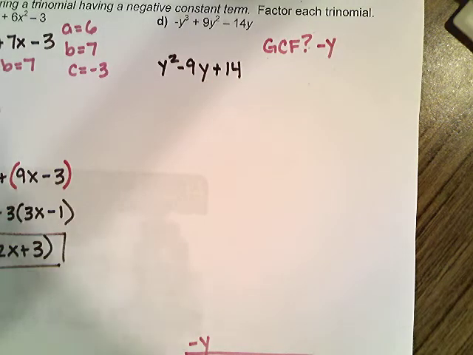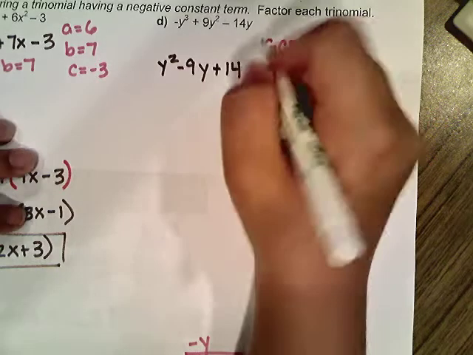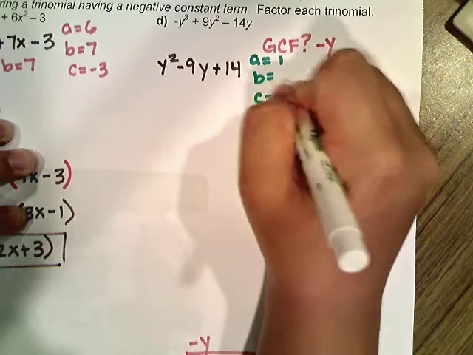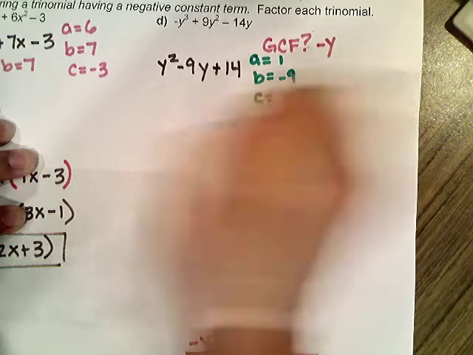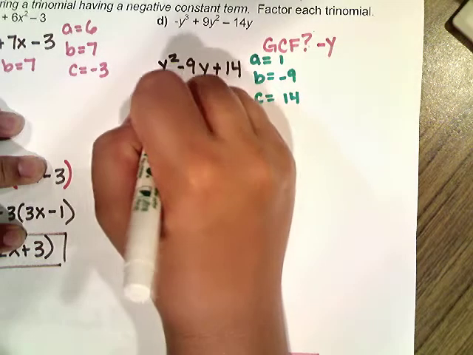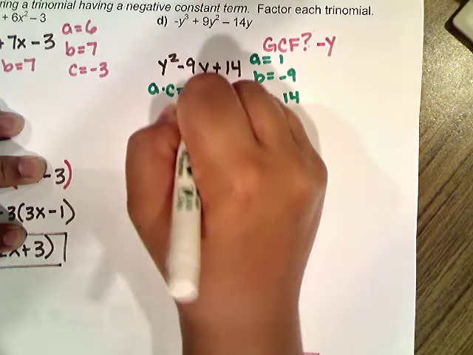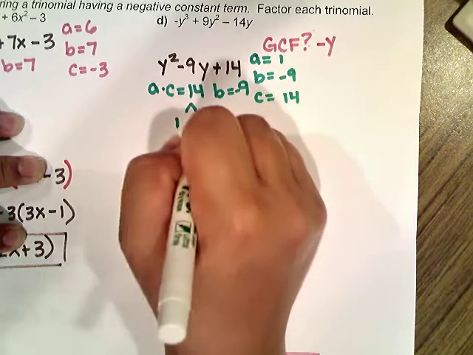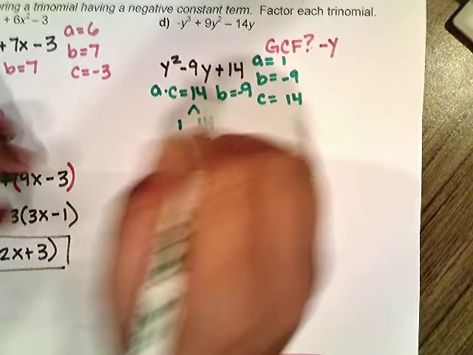And now we identify our A, B, and C values: 1, -9, and 14. We have A times C, which is 14, B, which is -9. Our factors of 14 are 1 and 14, 2 and 7.